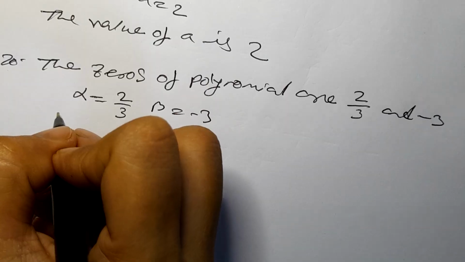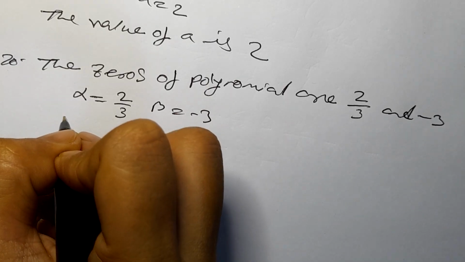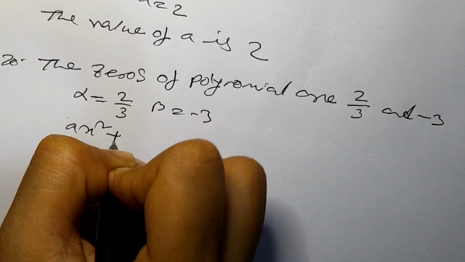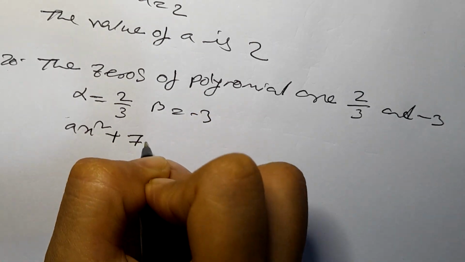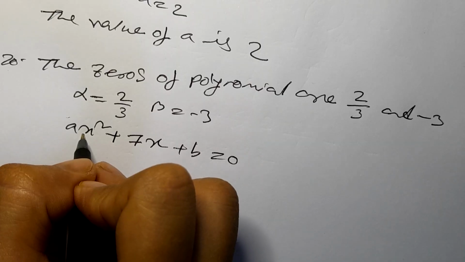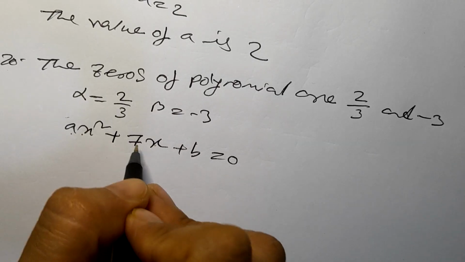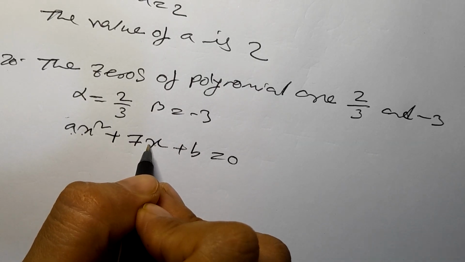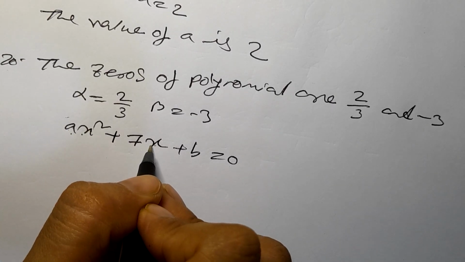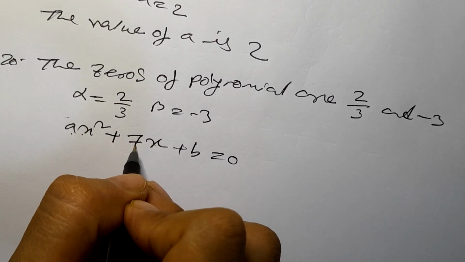Now another quadratic equation is given. f(x) is given, that is ax square plus 7x plus b equal to 0. Here coefficient of x square is a, coefficient of x will be 7.